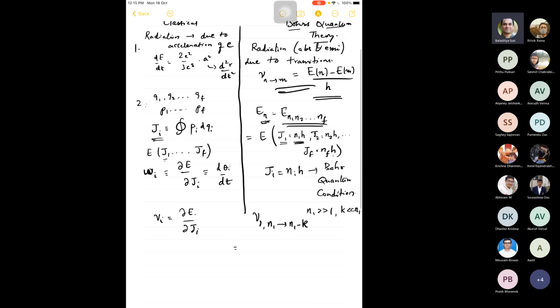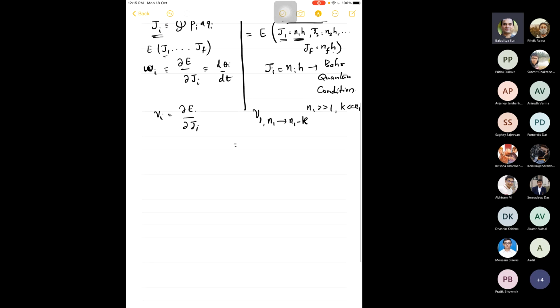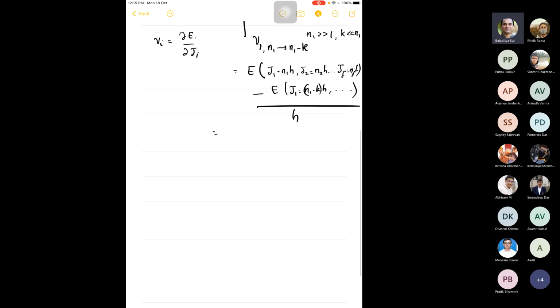This formula becomes E of J1 equal to N1 H, J2 equal to N2 H, and so on up to Jf equal to NF H, minus E of J1 equal to (N1 minus K) H, with all others the same, divided by H. Now what does that become?